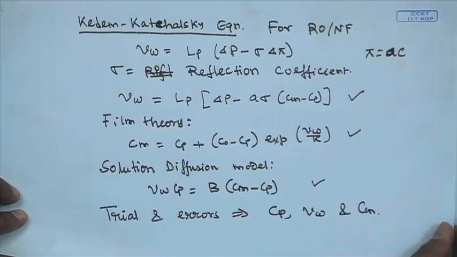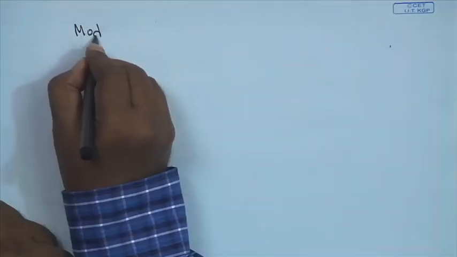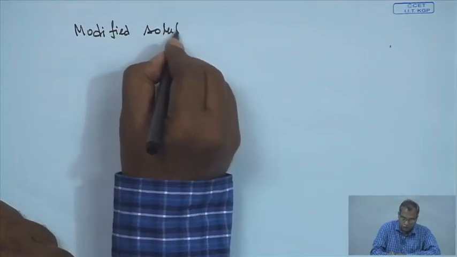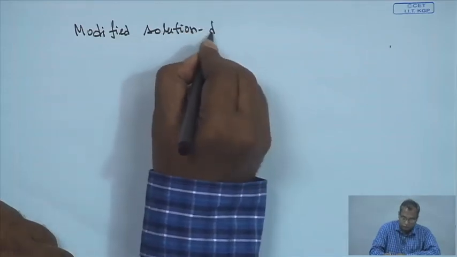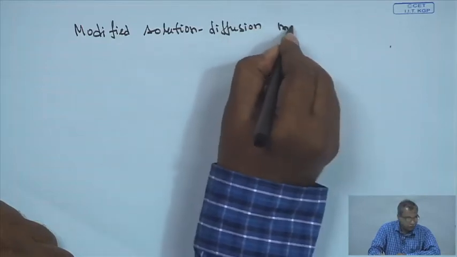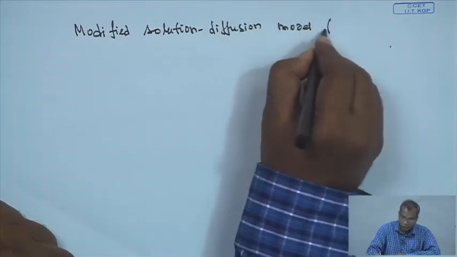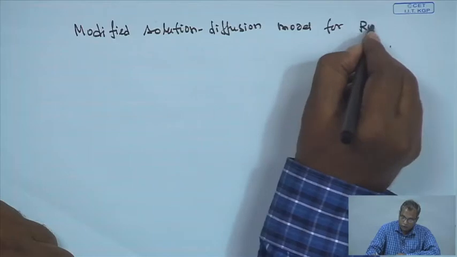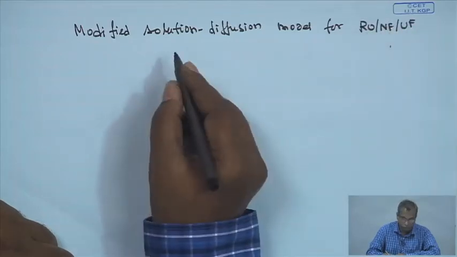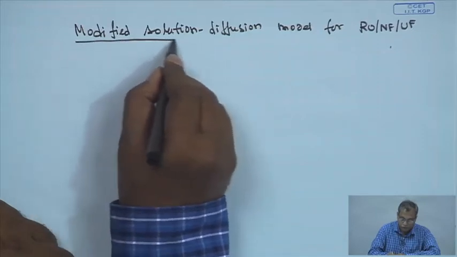We will be looking into the next variant of the solution diffusion model. This is known as the modified solution diffusion model for RO, NF, and it is used sometimes for UF also. So, what is the modification?